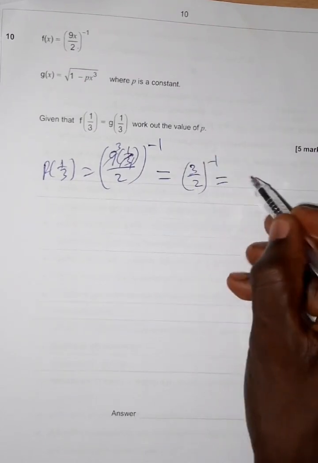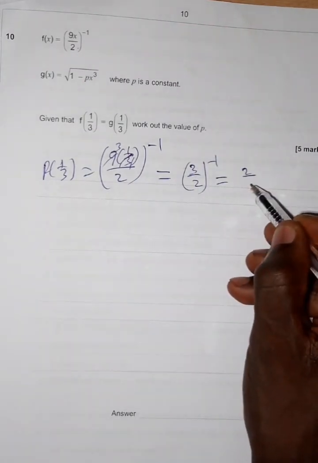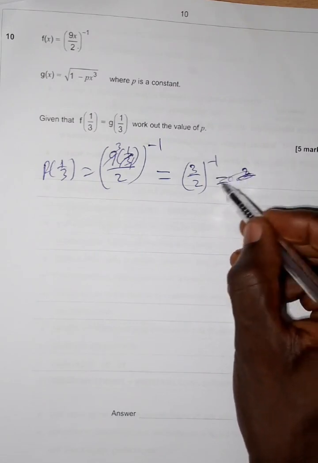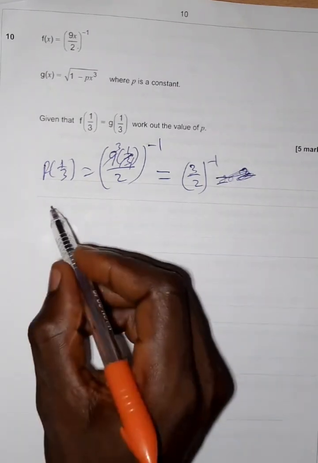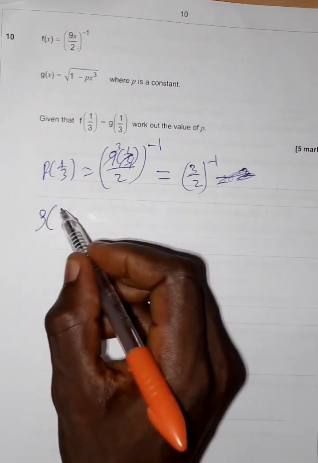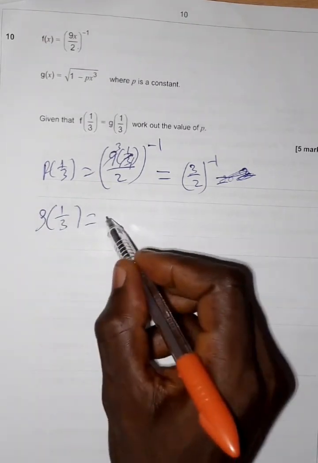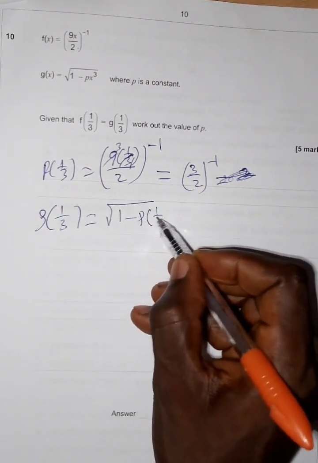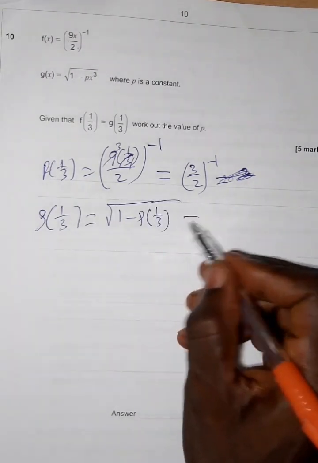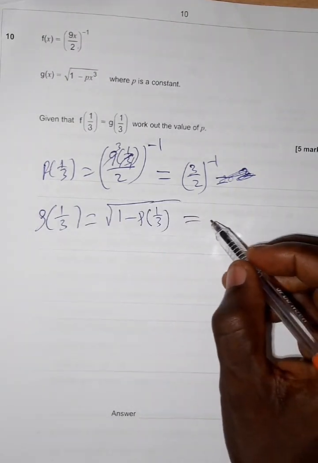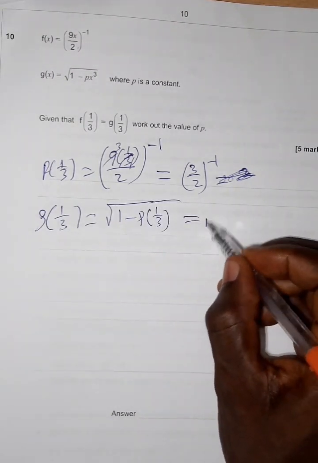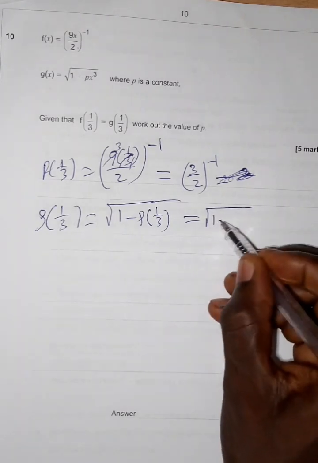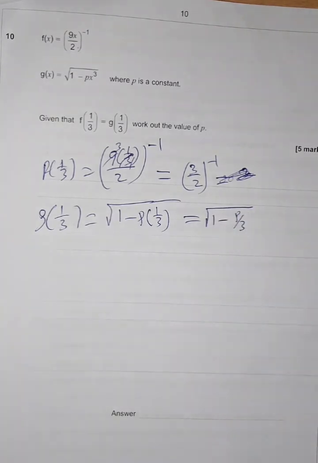Before reciprocating, let's leave it this way. So the next one is g of 1 over 3, which is equal to the square root of 1 minus p in bracket 1 over 3, close the bracket. So this will give us the same thing as the square root of 1 minus p all over 3.